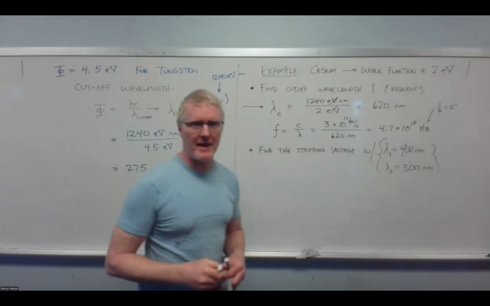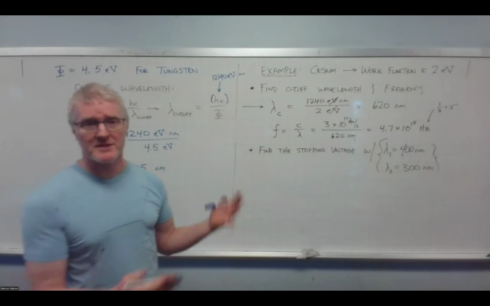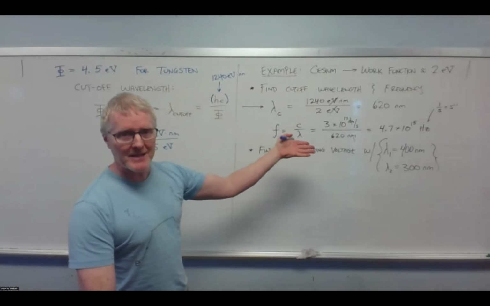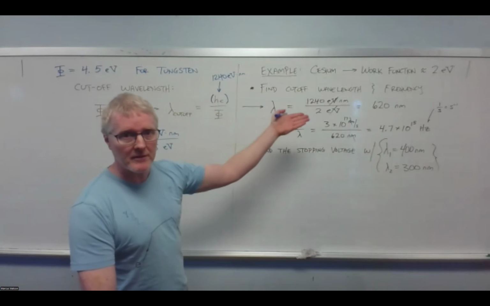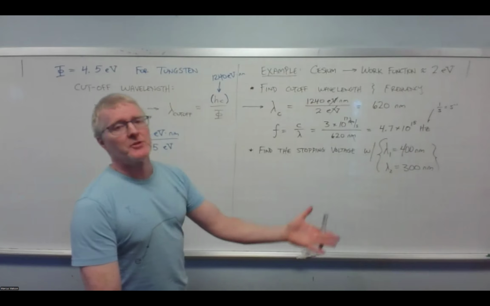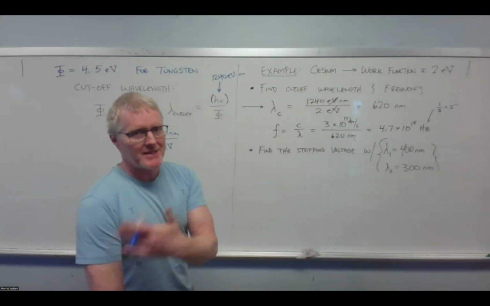Okay, so if we did that, what if we looked at those wavelengths? What's the stopping voltage when I am below the maximum, the cutoff, wavelength? I can't put in more than 620, but I'm certainly welcome to put in less than 620 and still have a photoelectric effect happening.